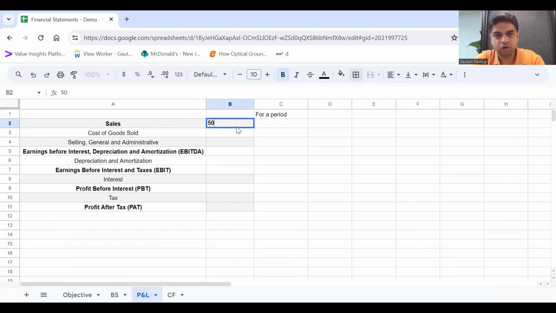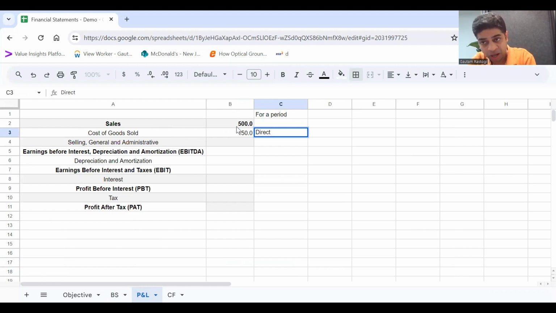Let's say you make a sale of $500, and let's say that you incur the cost of goods sold of $150. What cost of goods sold means is these are the direct costs that a business incurs in making a product or providing a service. Any cost which you can directly associate with the product you produce or service you deliver, that is COGS.